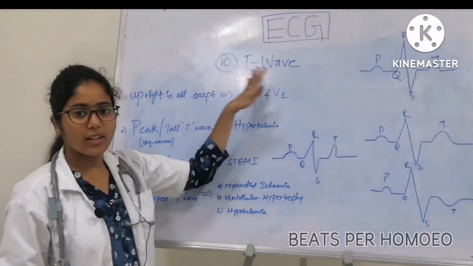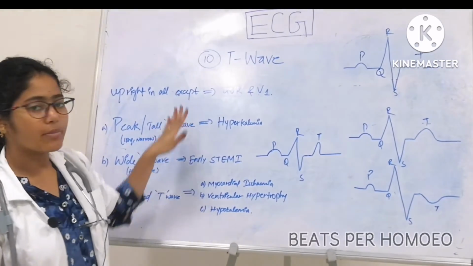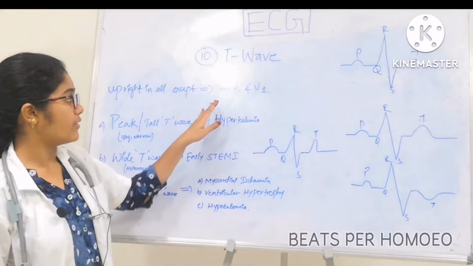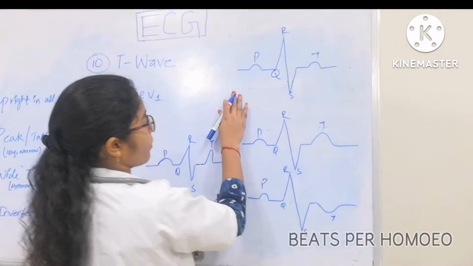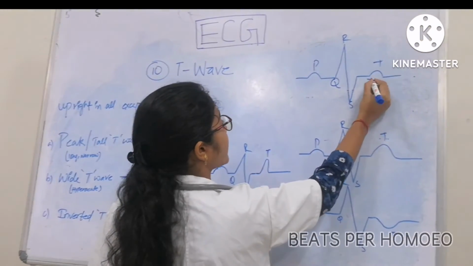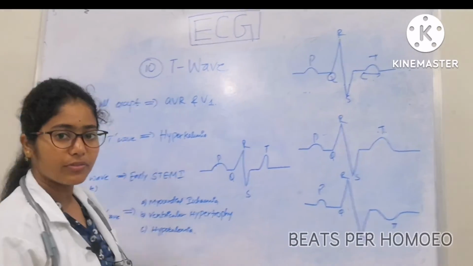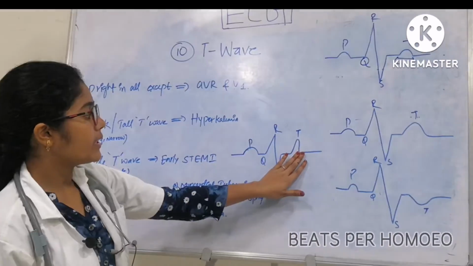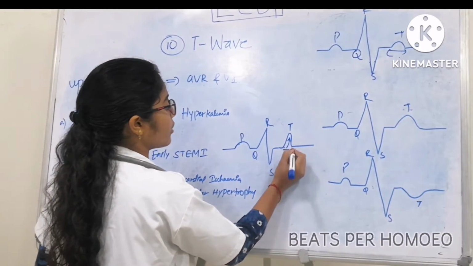So let's come to the last part of the ECG, that is the T wave. The T wave is generally upright in all leads except AVR and V1. Here we see a normal ECG, so the T wave is like this, and the abnormalities of the T wave are like: maybe it is tall and narrow. Here we can see the T wave tall and narrow.